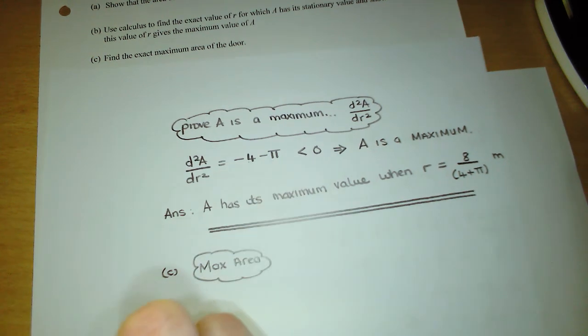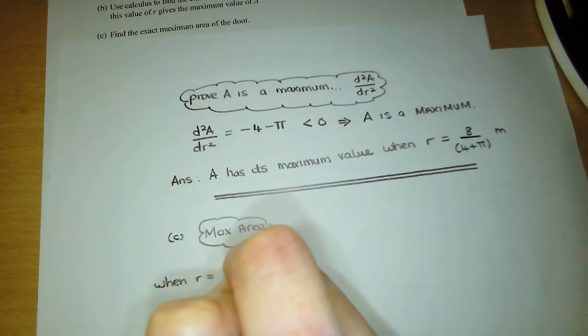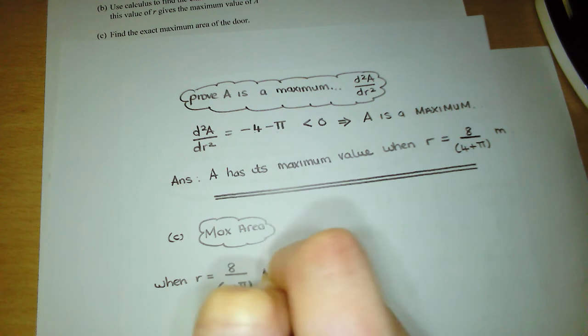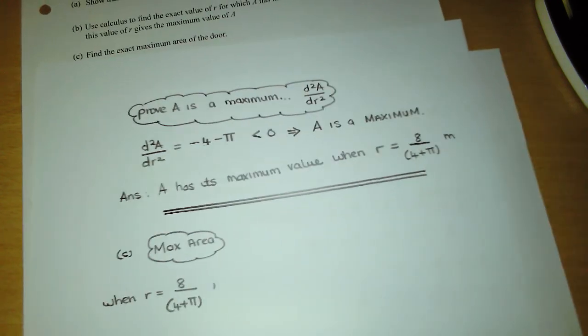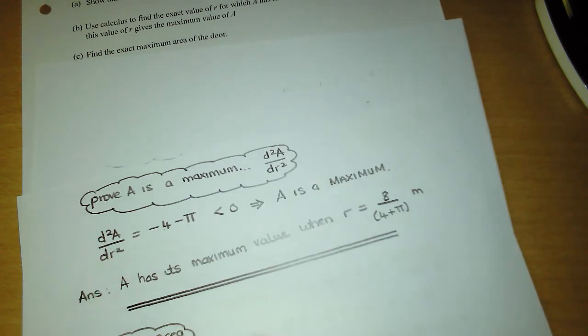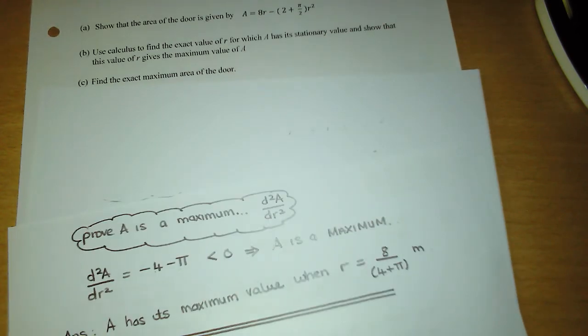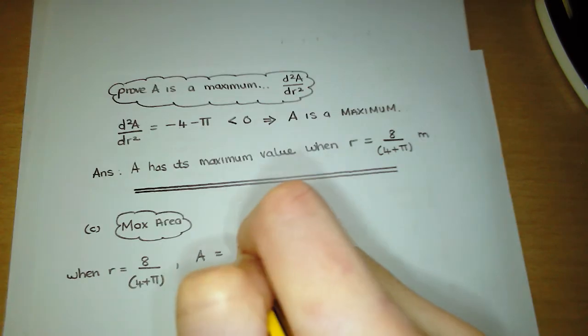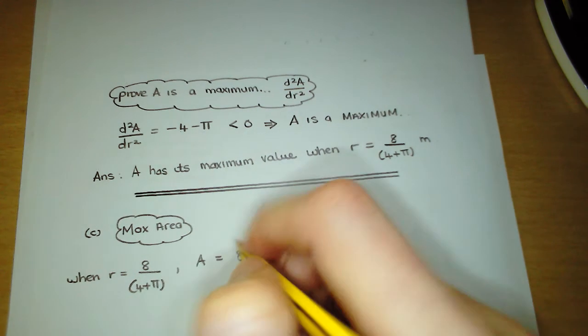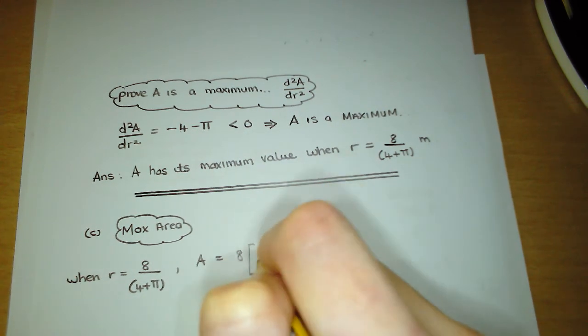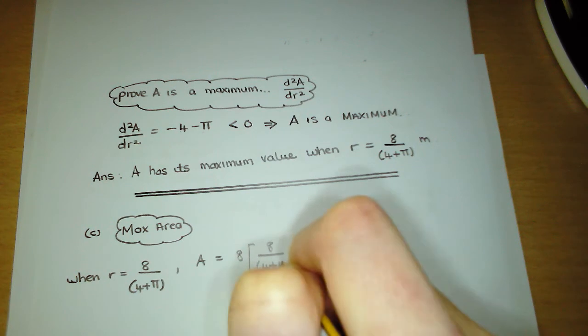So when R equals 8 over 4 plus pi, we're going to chuck it into the equation for A. So A equals, so we're going to get 8 times R. So I'm going to open brackets, that's 8 times 8 over 4 plus pi.